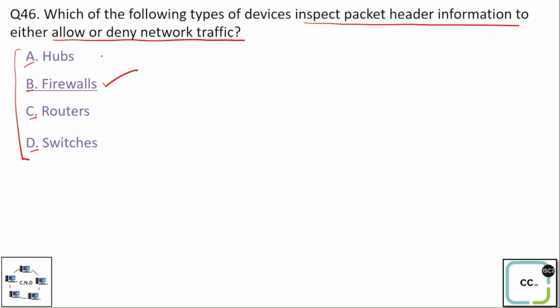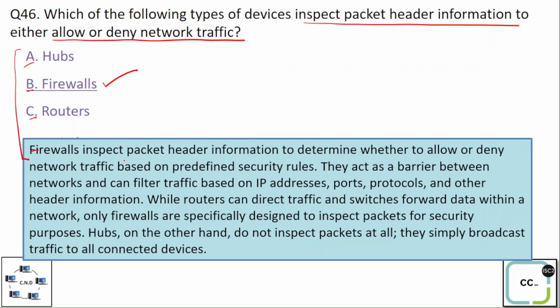So firewall is a security device that is used to control network traffic, either to allow or deny network traffic inside your organization. So firewalls inspect packet header information to determine whether to allow or deny network traffic based on predefined security rules.